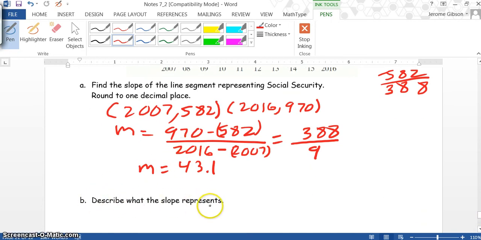Now describe what the slope represents. Now we know the slope represents a rate of change.